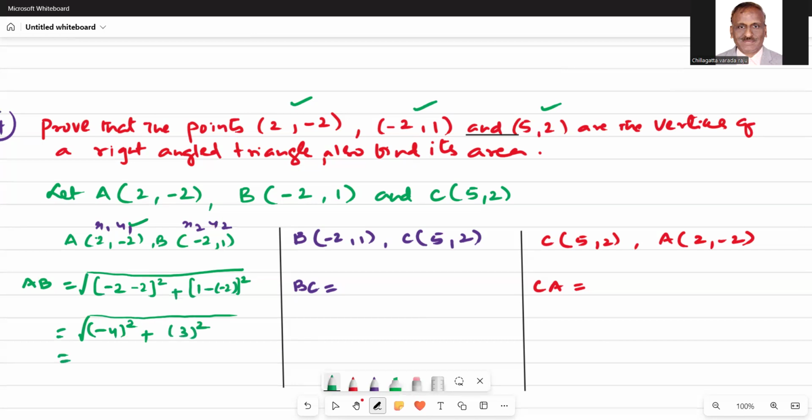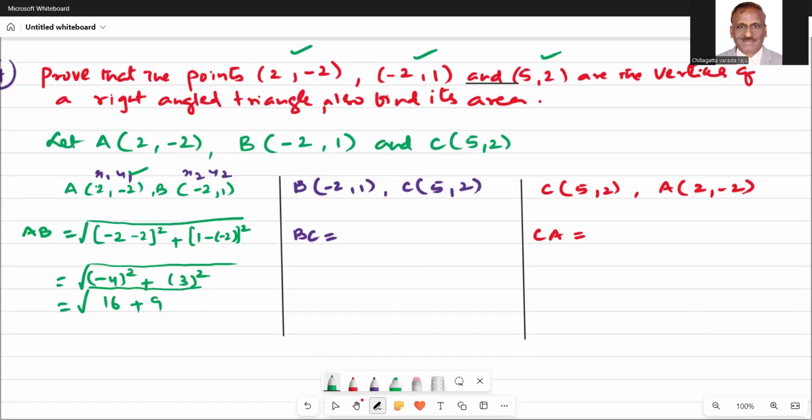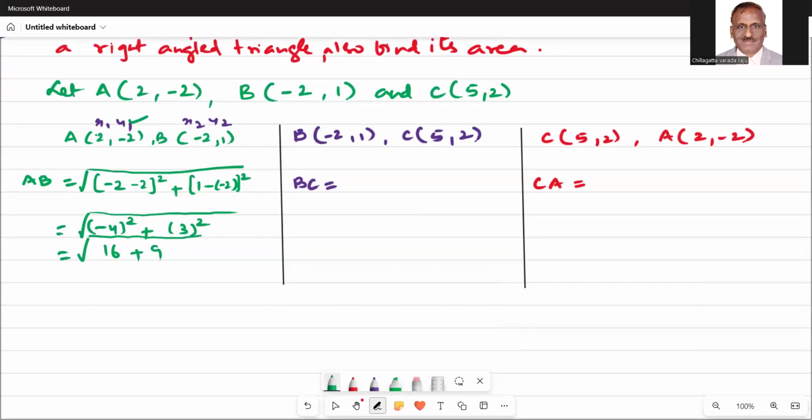So the square root of 16 plus 9, which is the square root of 25. What is the square root of 25? 5. So AB is equal to 5 units. Let us keep this as equation number 1.